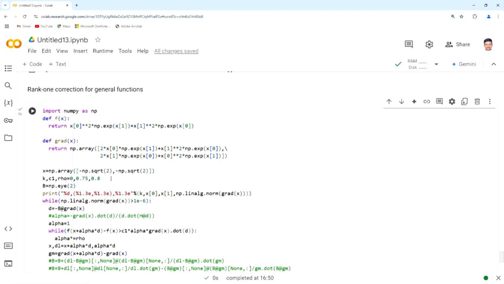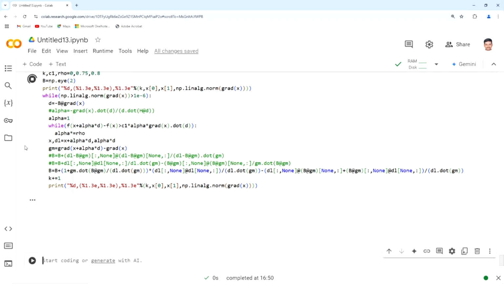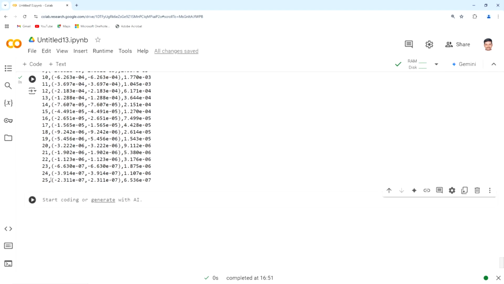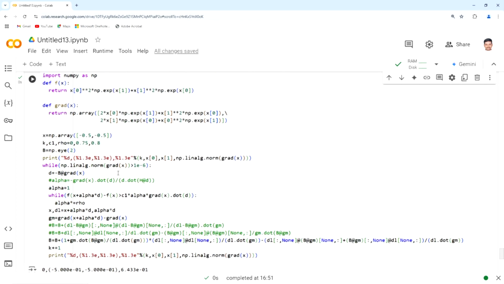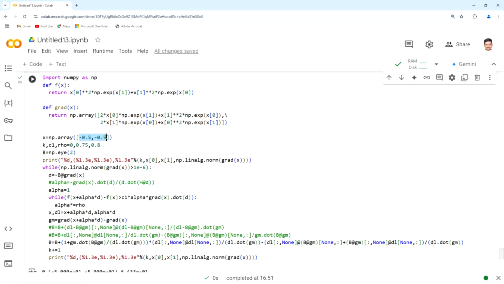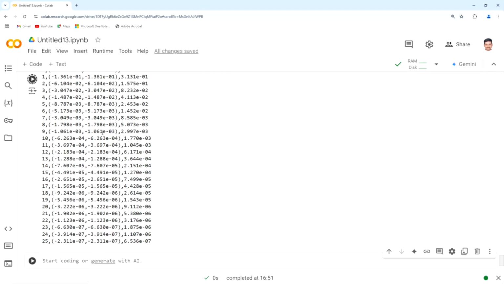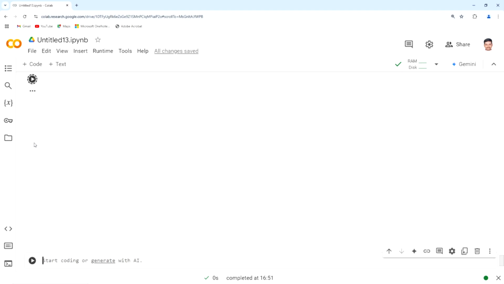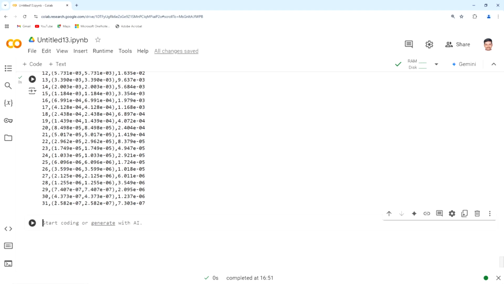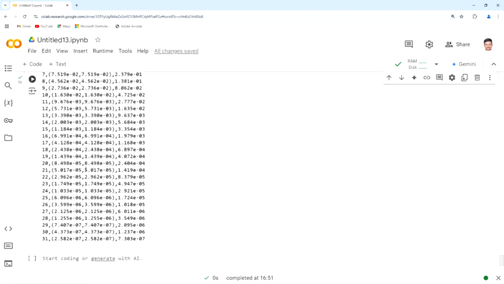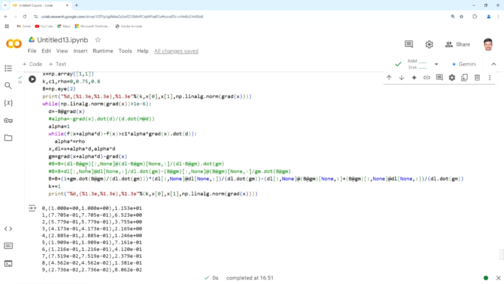But if I start with, let us say, minus 0.5, minus 0.5, the convergence happens in 25 steps. Even if you are in a better position, say 1 comma 1, it converges in 31 steps. So there is actually no difference in the performance between the rank 1 correction, DFP and the BFGS method.